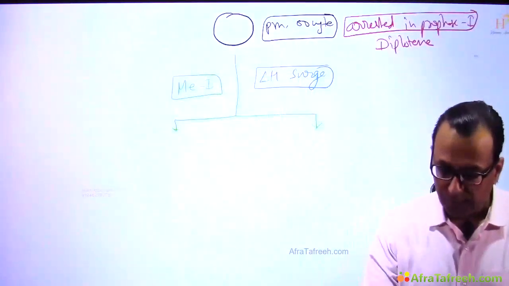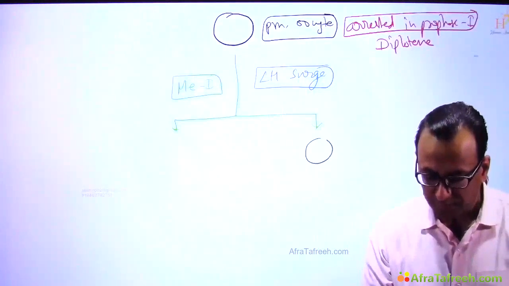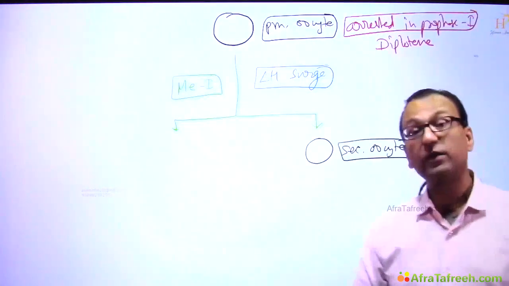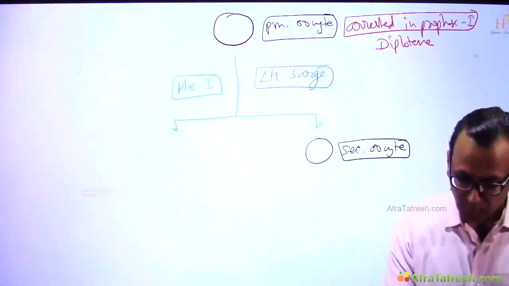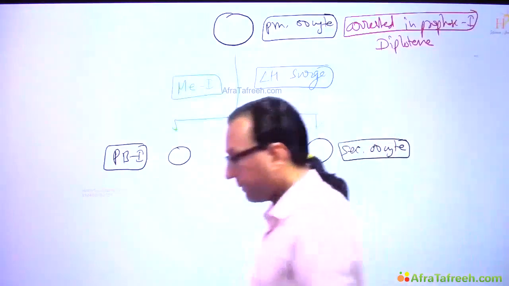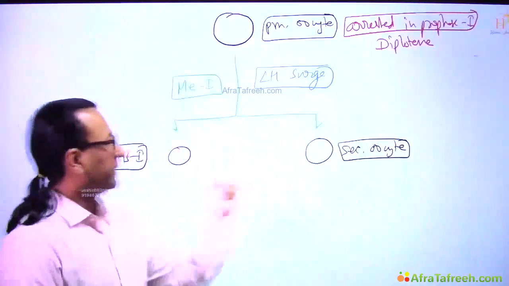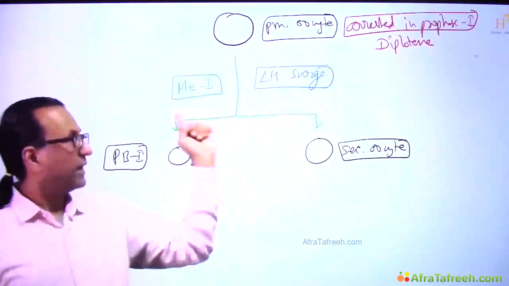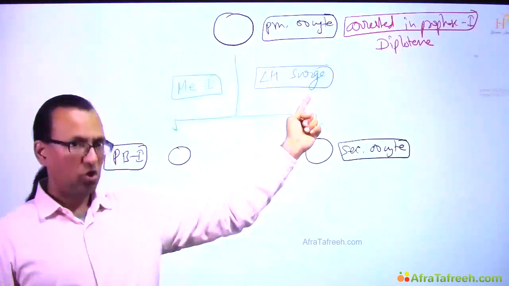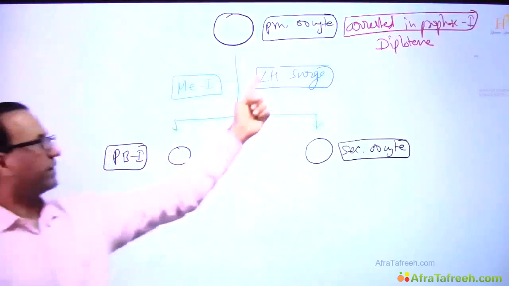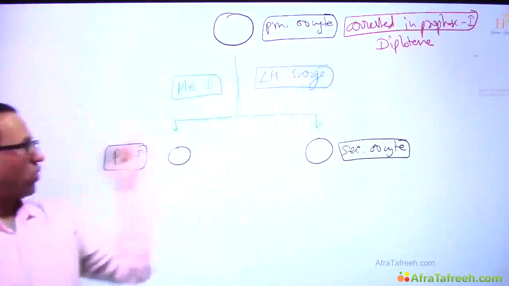So if you say now you got the secondary oocyte here, what else do you get along with secondary oocyte? That is the polar body number 1. Now remember, the first polar body is released after LH surge, but before ovulation. So first polar body is released after LH surge, but before ovulation.